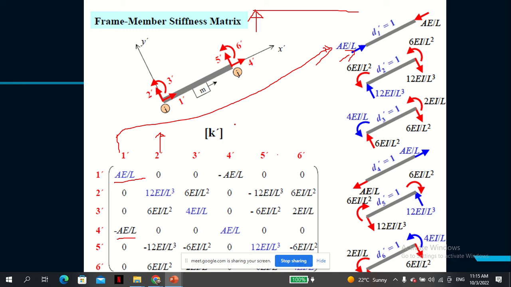Remember, we are still using the Timoshenko beam theory, if you remember. Timoshenko beam says that the beam is so thin that the axial forces due to the vertical forces are negligible.